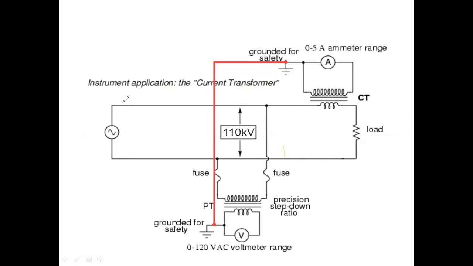It is showing 11 kV or maybe more than that. If you are going to measure the voltage, it is not possible by human effort, because if a human comes close here, it will just blast. So we need a potential transformer. A potential transformer looks just like a step down transformer.